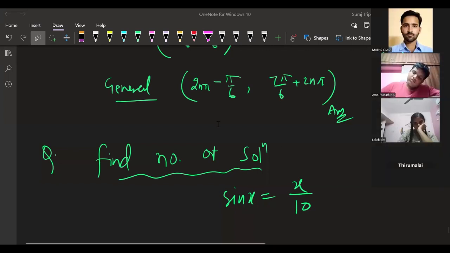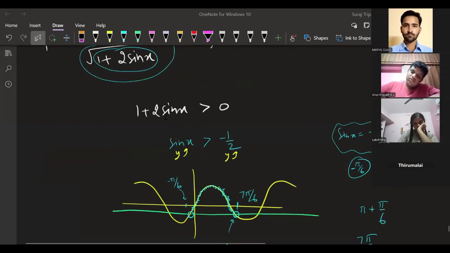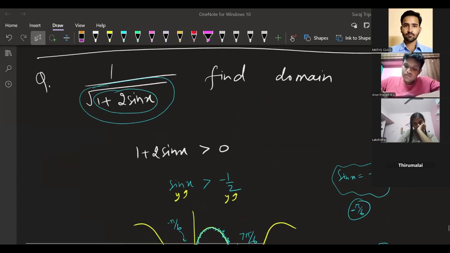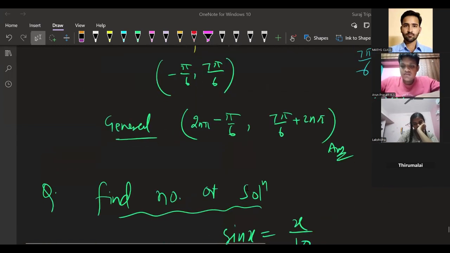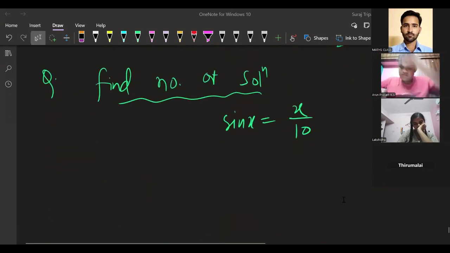Tirumalai, any doubt in this question? This question, find the domain. See again, to find number of solution, we will only find out intersection of this graph y equals to x by 10 and y equals to sin x.